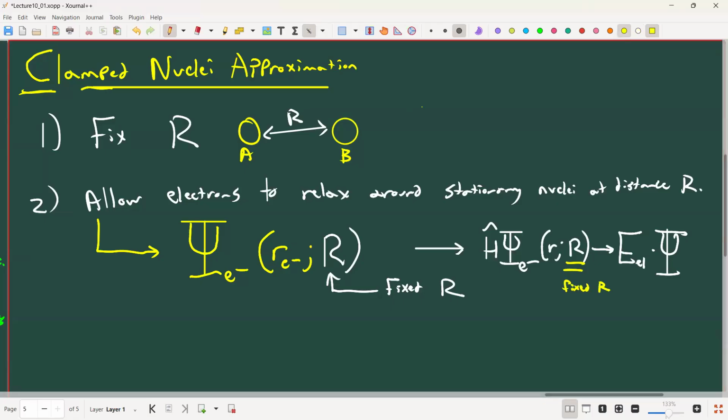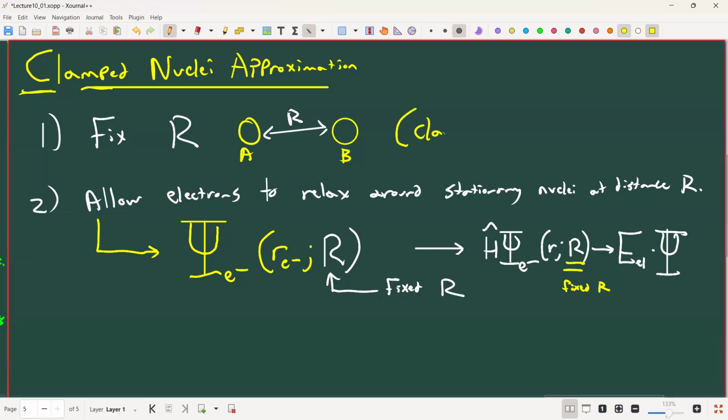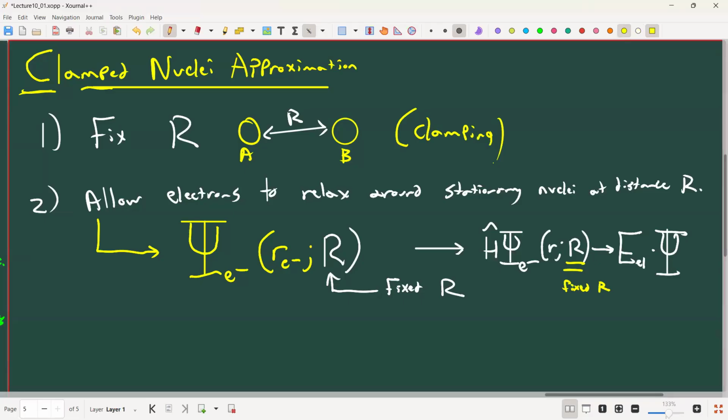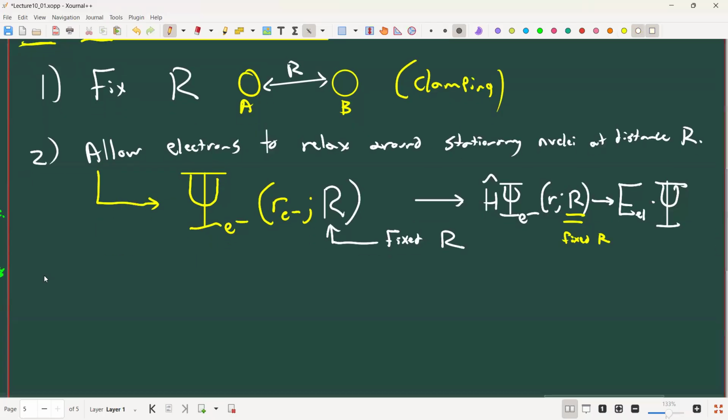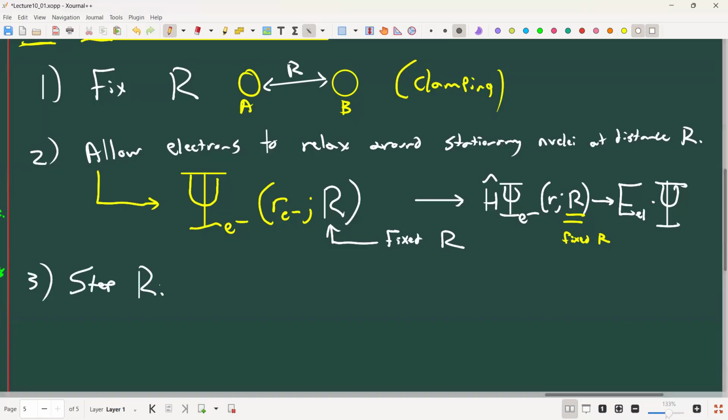This fixing of the distance is called clamping. We solve the electrons around those fixed nuclei, and then in order to understand the full molecule, we just step the nuclei, so we step R. So what do we get? Well, we can make a plot.